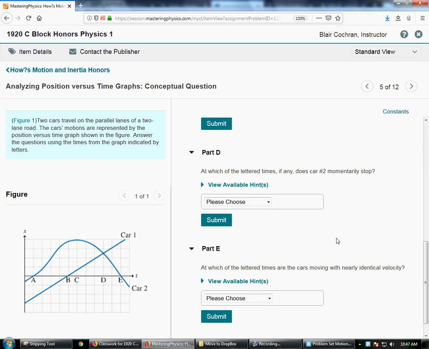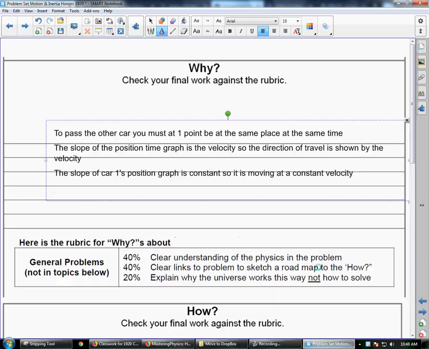Part D, which of the times does car 2 momentarily stop? Car 2 would be stopped when the slope of its position time graph is 0.